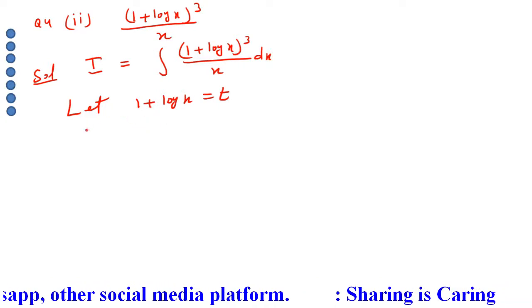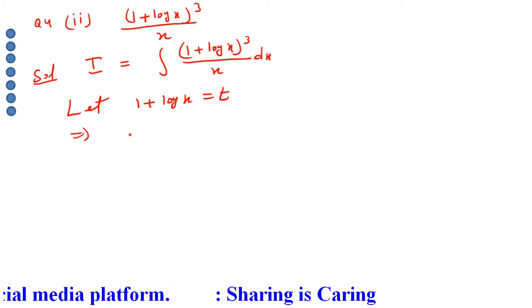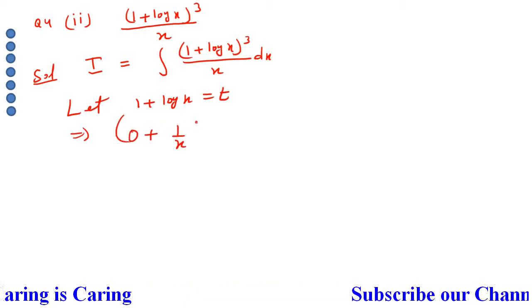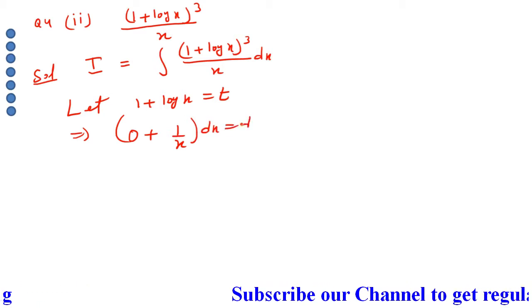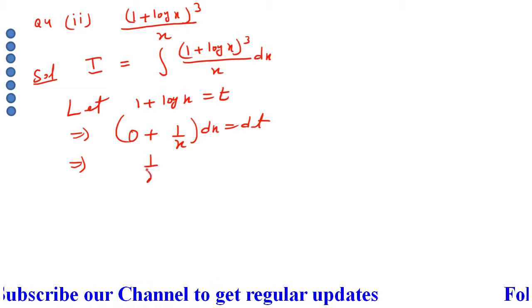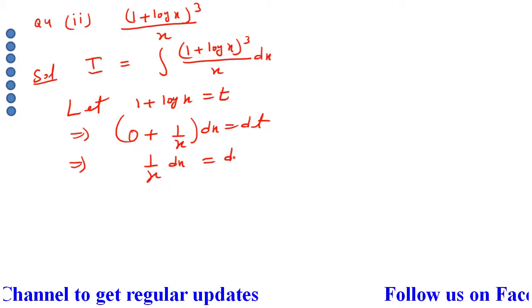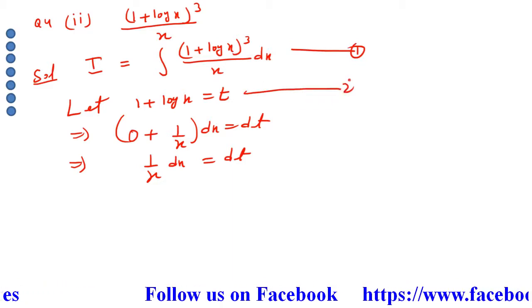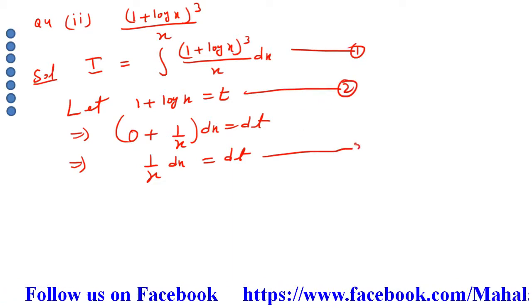So when we differentiate it, we will get here the differentiation of 1 is 0, log x differentiation is 1 upon x, then dx is equal to dt. Now that will give you 1 upon x dx as dt. So we will assume this as equation first, second and third.